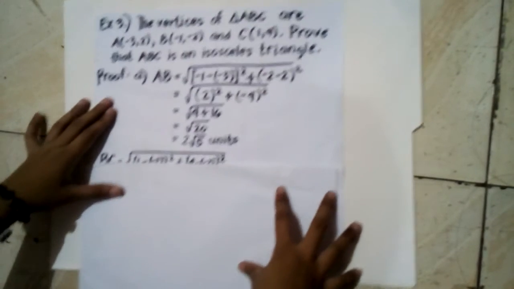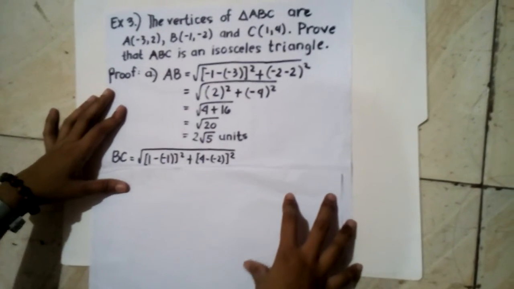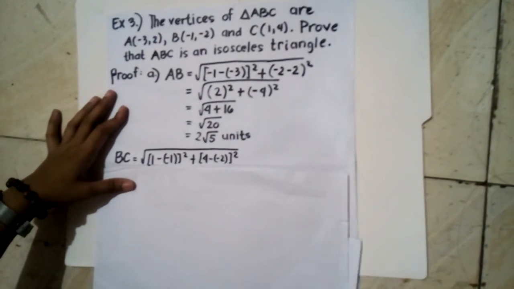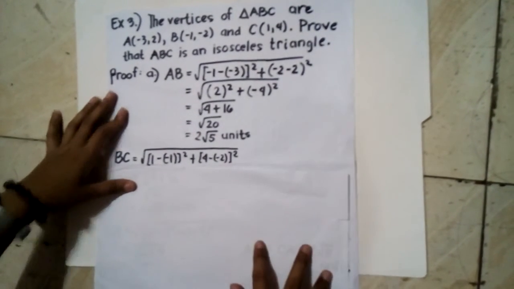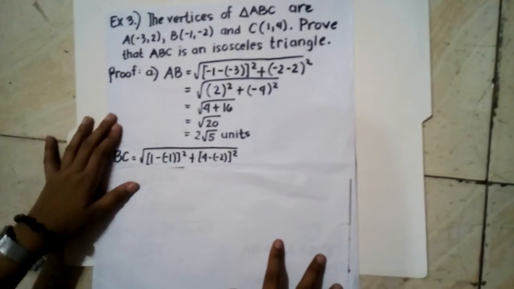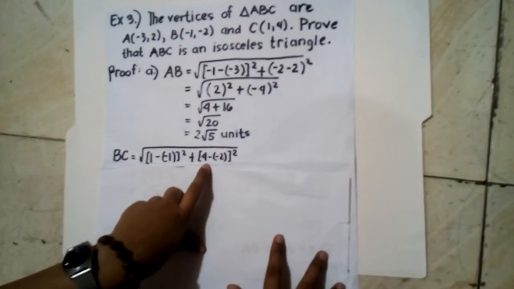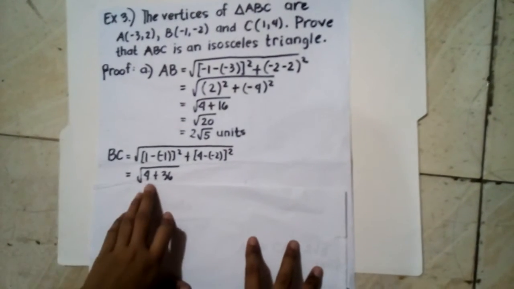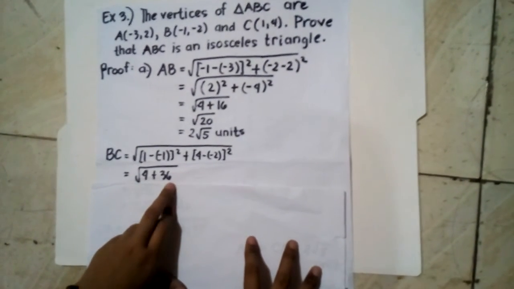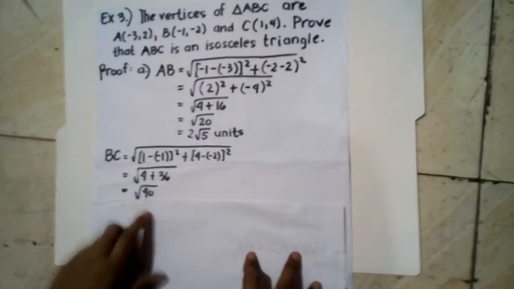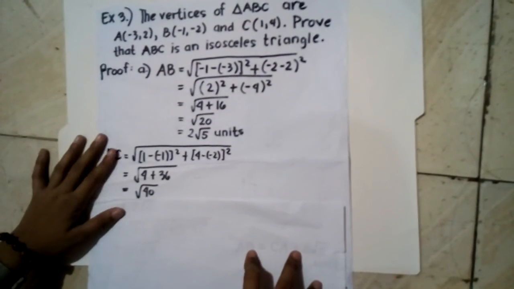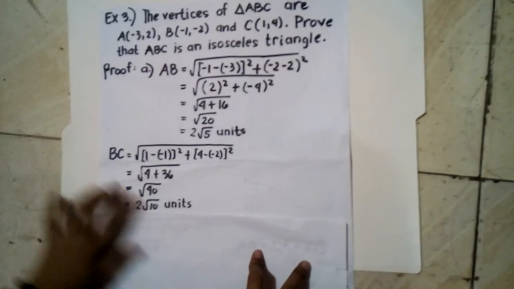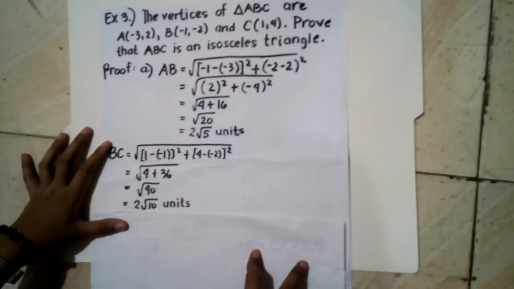How about the distance of the side BC? By substitution again and by the distance formula, we have (1 minus -1) squared plus (4 minus -2) squared. This is equal to the square root of 4 plus 36, which is the square root of 40. And by simplifying, we have 2 square root of 10 units. And this is now our side BC.